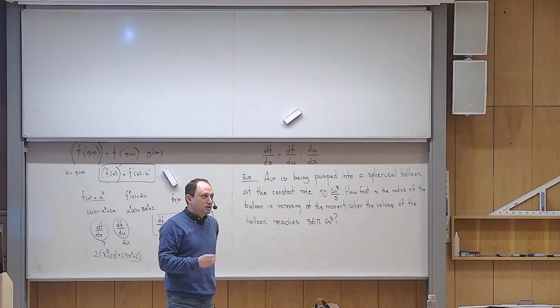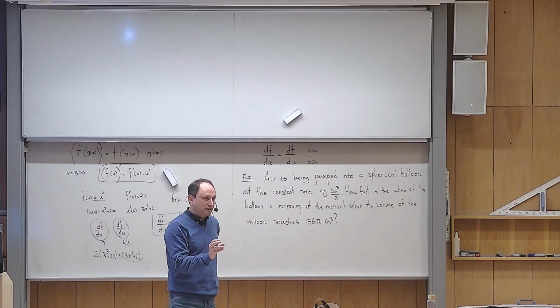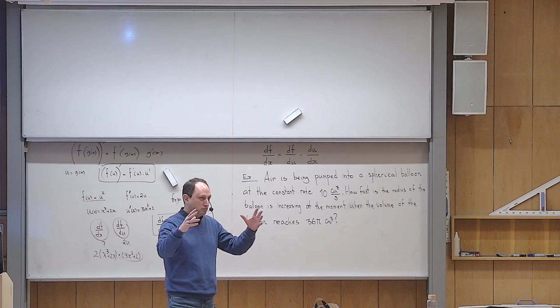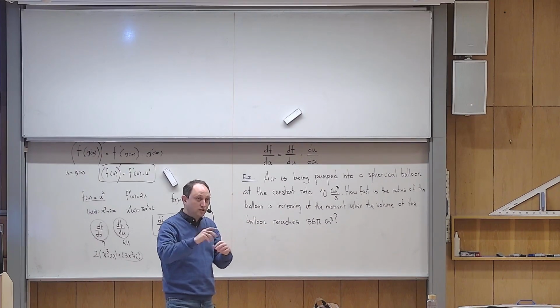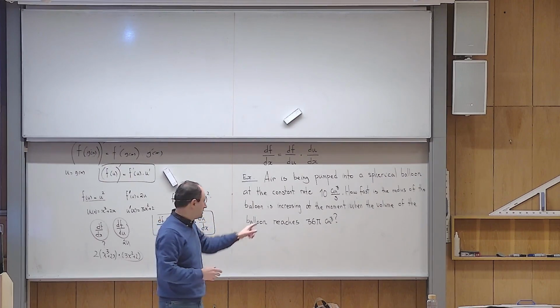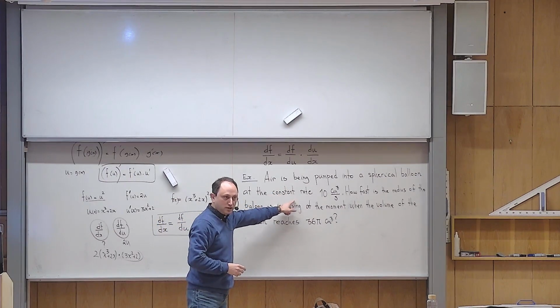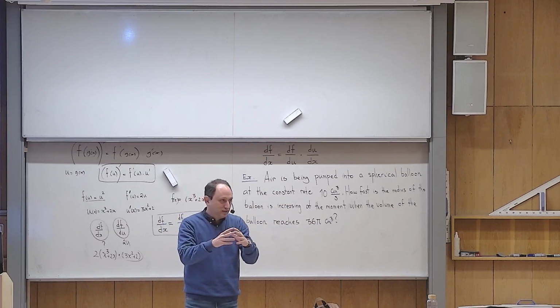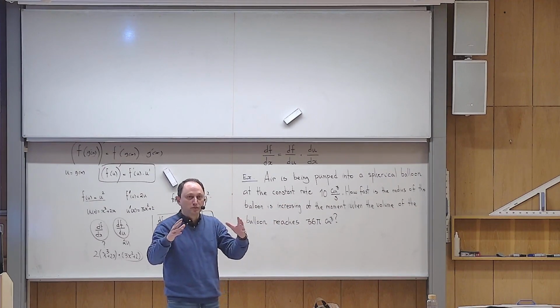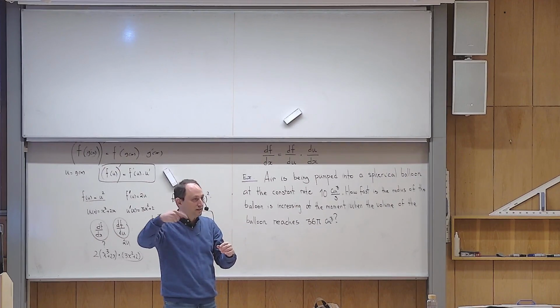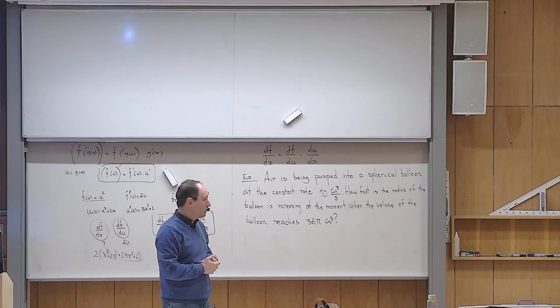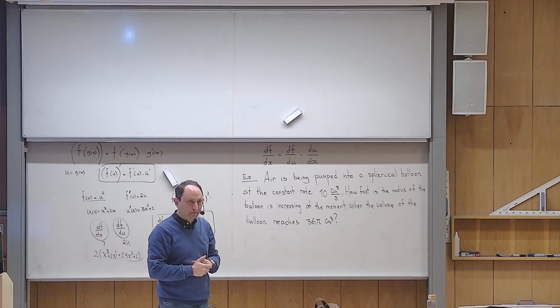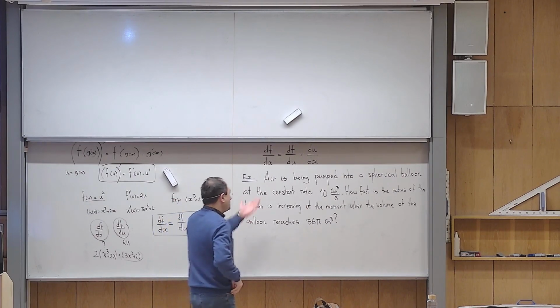Because my intuition is that in the beginning the radius increases faster, and then when the balloon becomes bigger, the rate at which the radius is increasing, of course the rate at which the volume is increasing is constant. Yes? But do you feel that? Intuitively it seems that when the balloon becomes bigger, the rate at which the radius is increasing becomes slower. Okay, so the question is that we want to solve that problem.